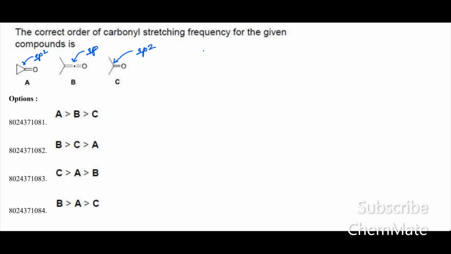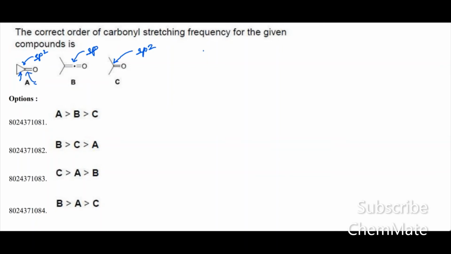But in this case it is quite different. To make the 3-member ring possible, it has to increase the p character in these orbitals, and it has to increase the s character in this carbonyl group.